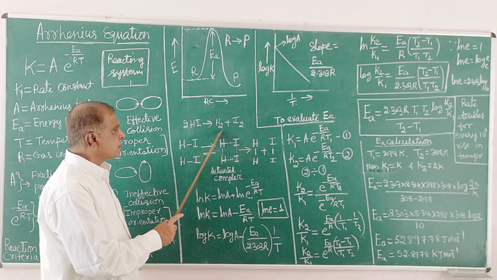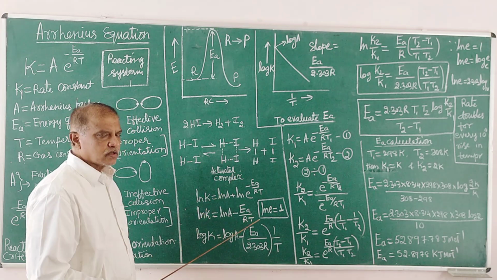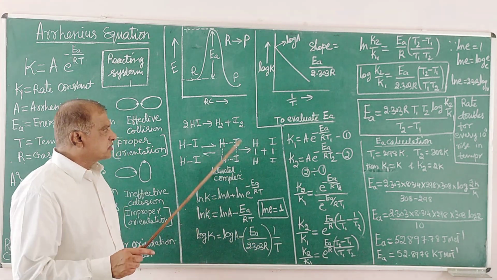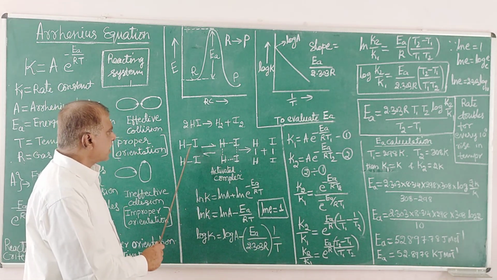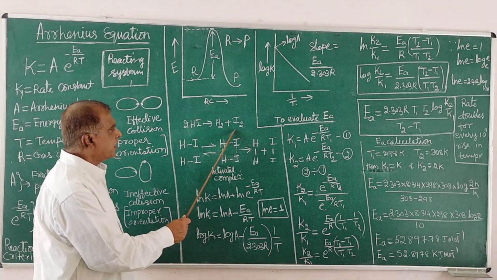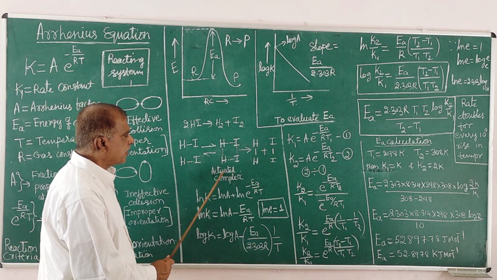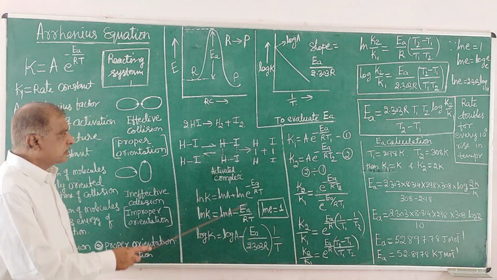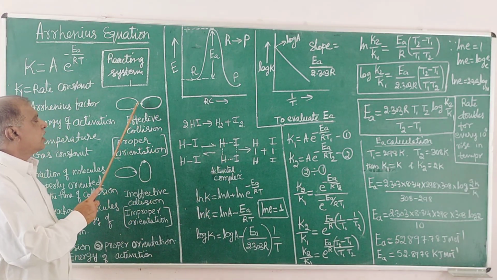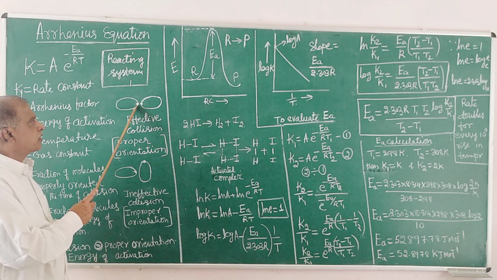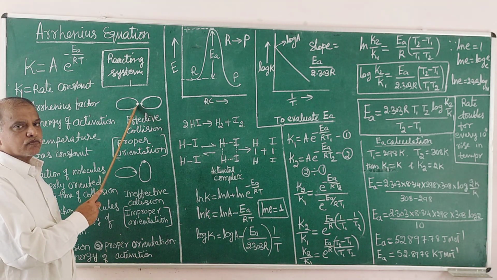This is what is called the transition state. Transition means a change taking place, reactant into product, and the intermediate, which is the most important, is called the activated complex. For this kind of reaction, the molecules should have proper orientation.